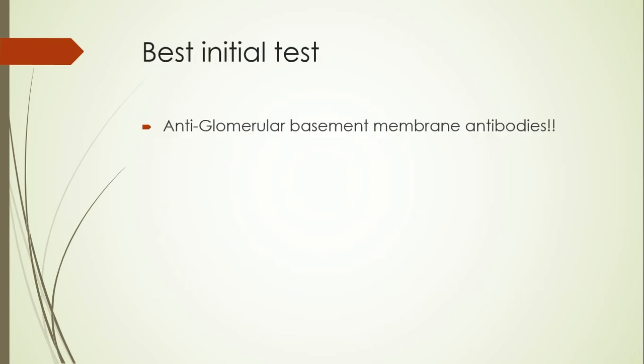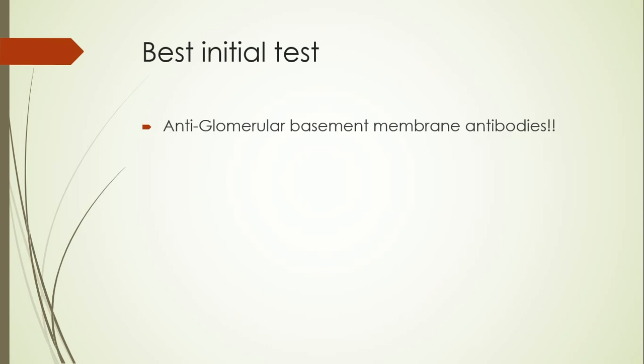And if we want to do one test only, especially if we are told to do one test just before everything else, that test would be anti-glomerular membrane antibodies. This is very easy to be done, and it's often very highly sensitive and specific.